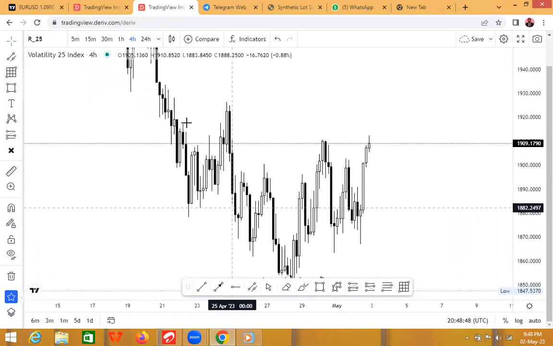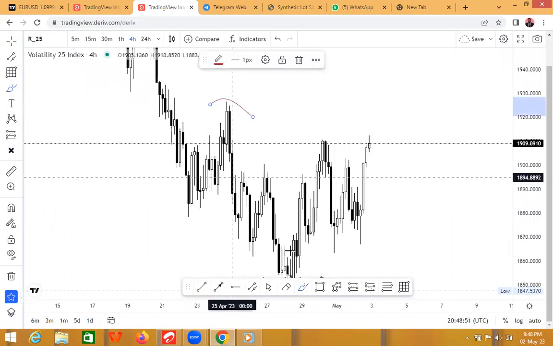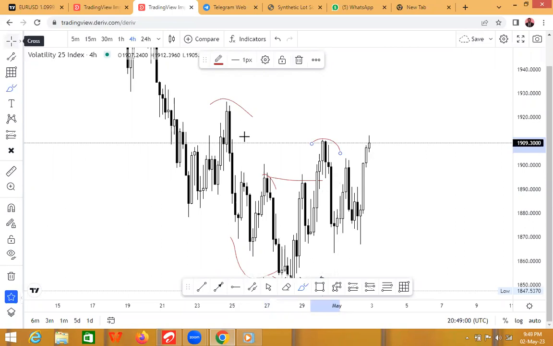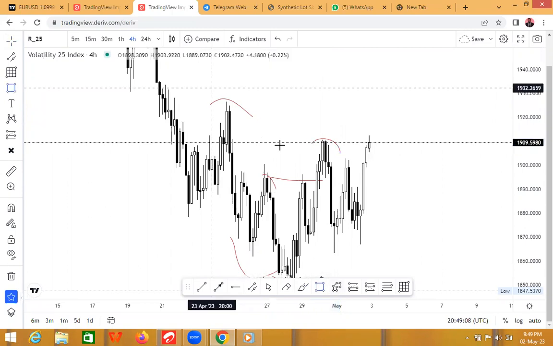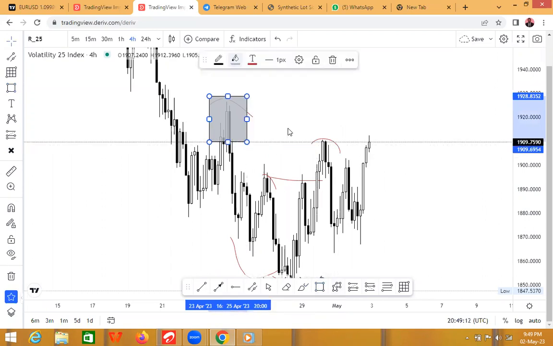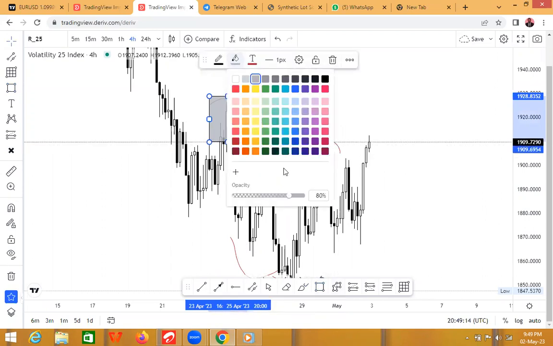As price was bearish here, you can see price gave us a high, a low, and then price broke structure. I want to go to a 1-minute chart in this place and find out what happened here when price came here. If I can get the 1-minute chart, I'll be so happy.